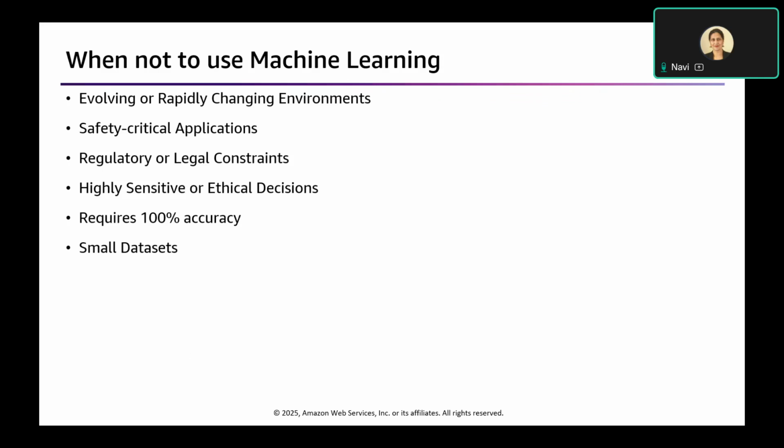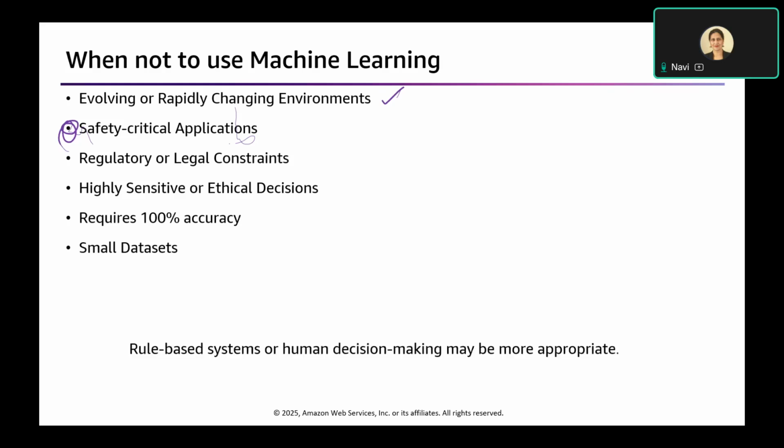So we know that machine learning models are trained on historical data. They might not adapt well to rapidly changing environments or new situations that differ significantly from the training data. Or for applications where mistakes could have severe consequences, such as aviation or medical diagnosis of rare diseases, the risk of machine learning failures may outweigh the benefit.